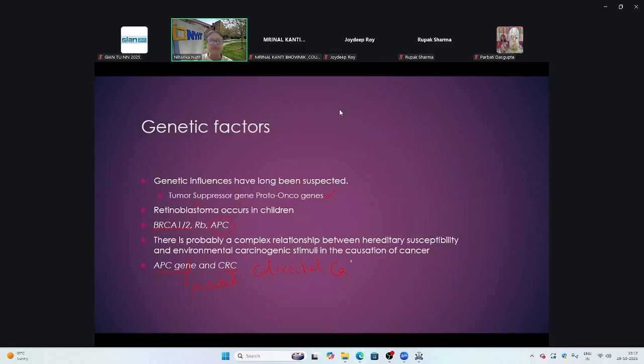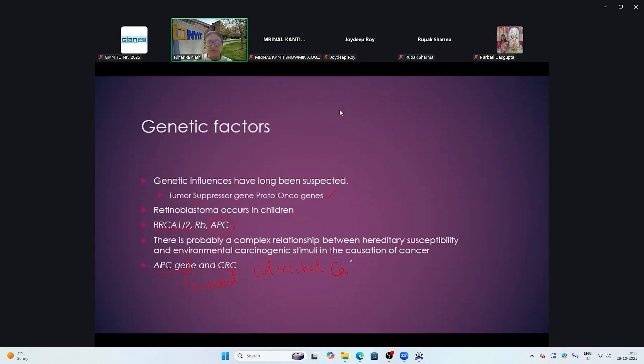It takes some time, but it will lead to the cancer. So the APC gene mutation, we find that it is for sure the direct cause of colorectal cancer.